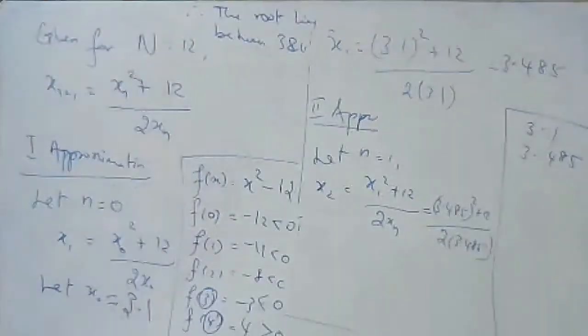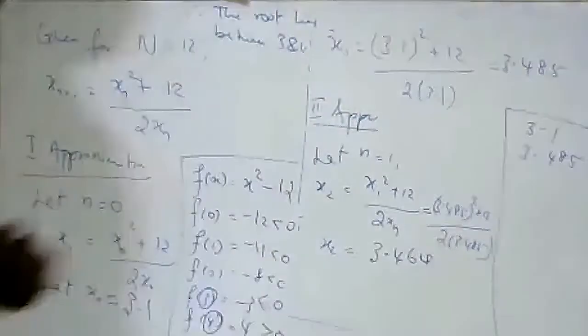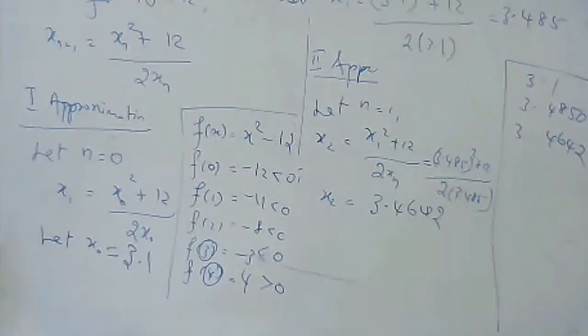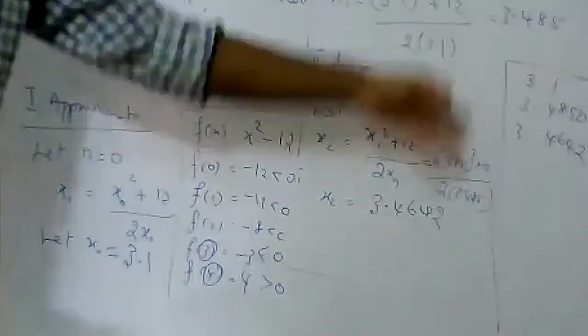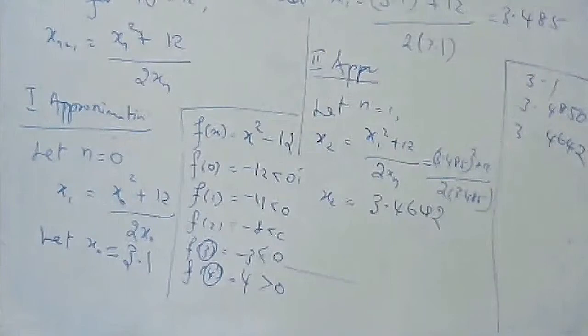This gives 3.464. That's my x2. You usually go for 4 or 5 digits, and since 4 decimal places are given, you have to use at least 4 decimal places.